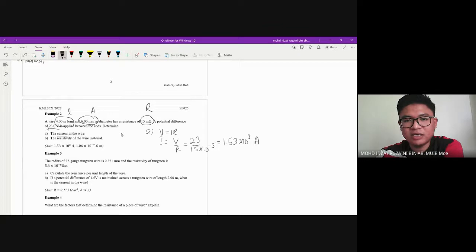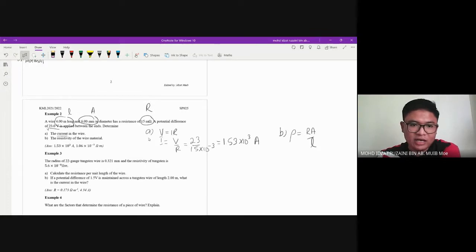Okay, soalan yang kedua dia minta resistivity. So soalan B dia minta resistivity rho equal to RA over L kan. Dalam kes ini kamu akan kira dahulu apakah nilai A. A ialah 6 mm in diameter. So ni kita punya wire, ni ialah kita punya diameter. You have to find A kan. So A equal to pi d square over 4 lah.